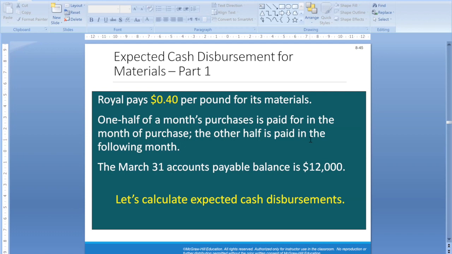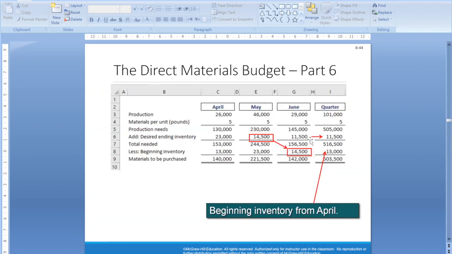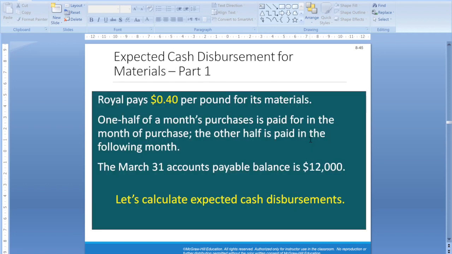We are paying 40 cents for 1 pound for its materials. So we will depend definitely on the direct material budget, which is the last line of the direct material budget, will be used for the cash disbursements for materials.